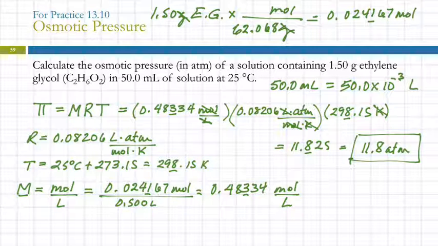The problem is, if you round here, and you round here, and then you use this, and you round, and you keep using those numbers, it can build up. And the really awful thing is if you round this to too few sig figs. Like if I round this to 0.5, then I get 12.2 atmospheres. That's different. Any other questions?